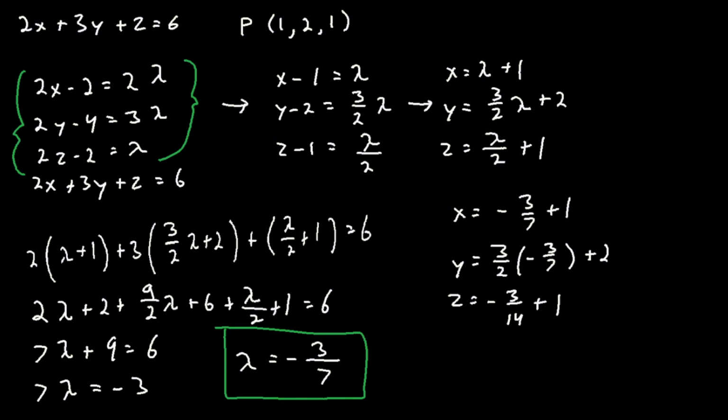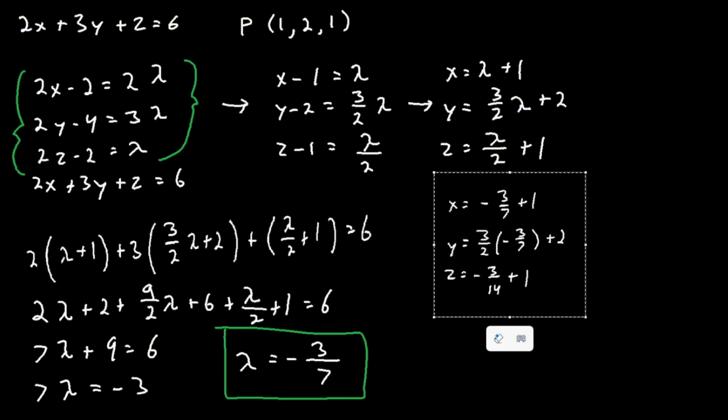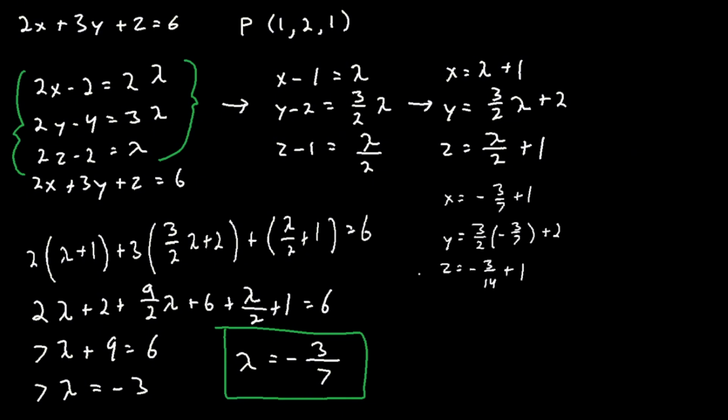If I solve for all of this, you can honestly just leave it at this, since it's a constant, but for you guys, I'll solve for the rest. Let's draw an arrow to show that we're taking steps. So x is equal to 4 over 7. Y is equal to negative 9 over 14 plus 2.